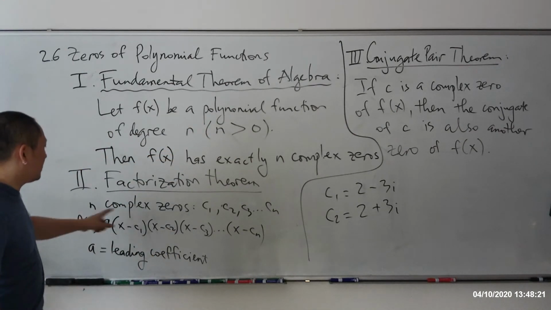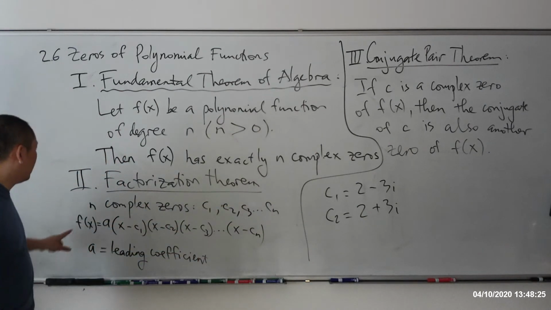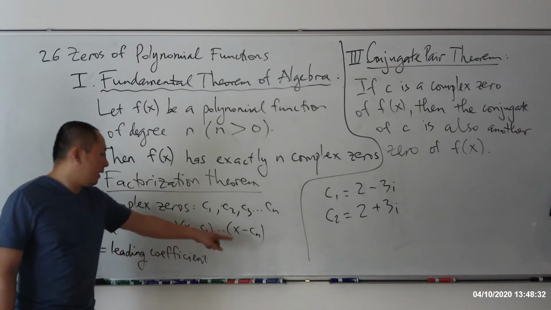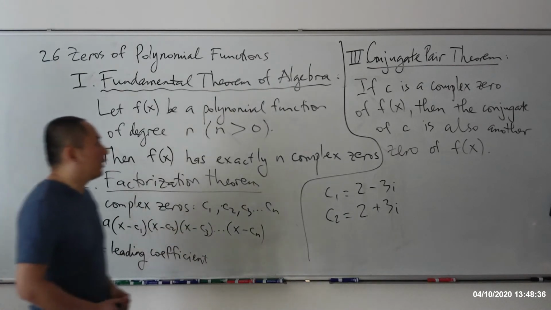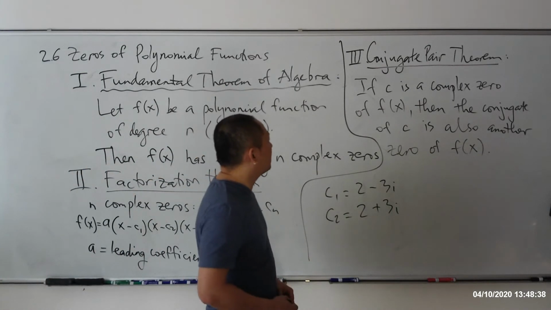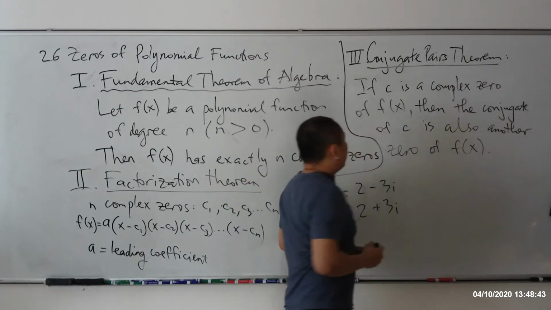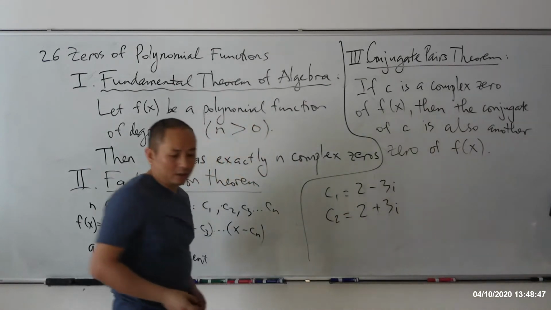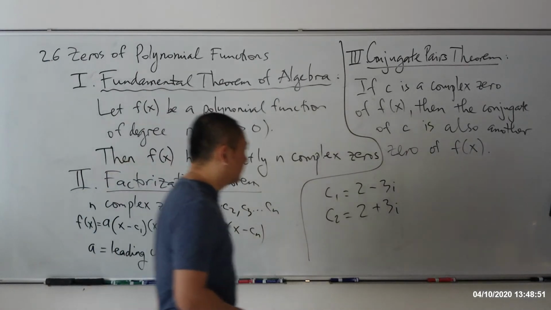If we call the n zeros complex zeros c1, c2, c3, the second theorem says the function f of x can be written as the leading coefficient times n linear factors, x minus c1, x minus c2, all the way to x minus cn. And the third theorem, the conjugate pairs theorem, says this: if C is a complex zero, then the conjugate of C is also another zero of the polynomial function. Okay.